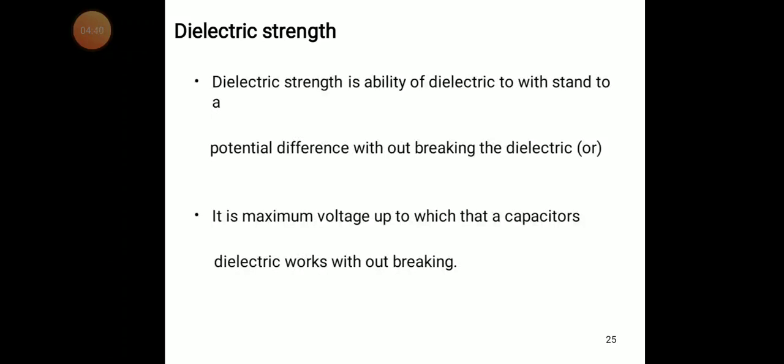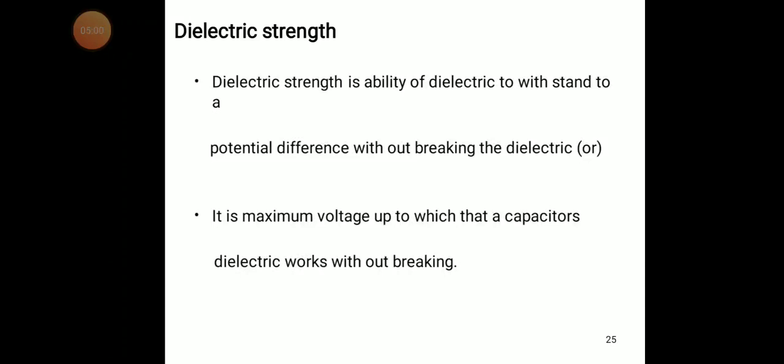Next one is the dielectric strength. Dielectric strength is the ability of a dielectric to withstand a potential difference without breaking down, or it is the maximum voltage up to which the capacitor's dielectric works without breaking.